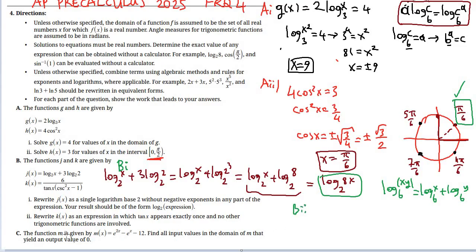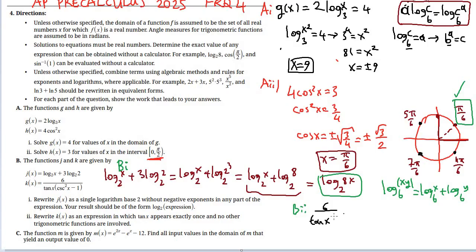B-II part is asking, rewrite the k of x as an expression in which tangent x appears exactly once and no other trigonometric functions are involved. Okay, so here we are given 6 over tangent x times cosecant squared x minus 1.